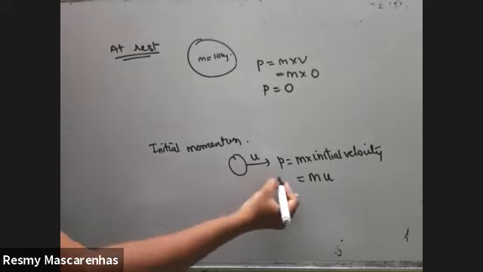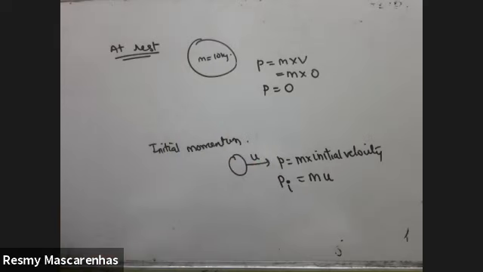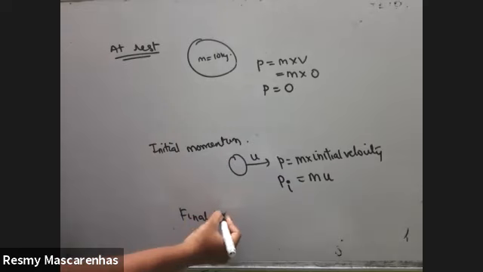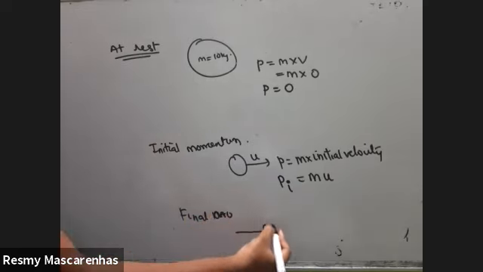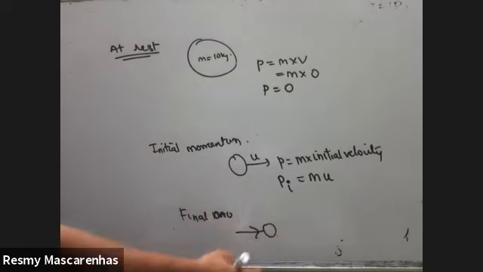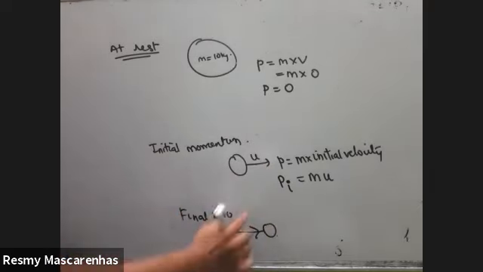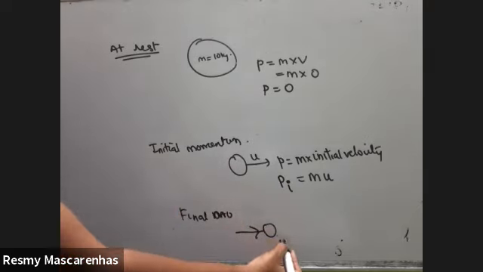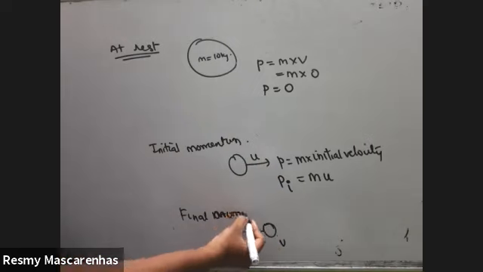And denoted as Pi. Final momentum, if it was moving and then at some point it will come in. So this is just starting and this is already moving. Its velocity V, suppose.